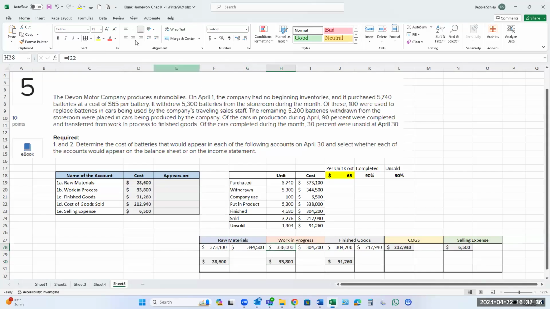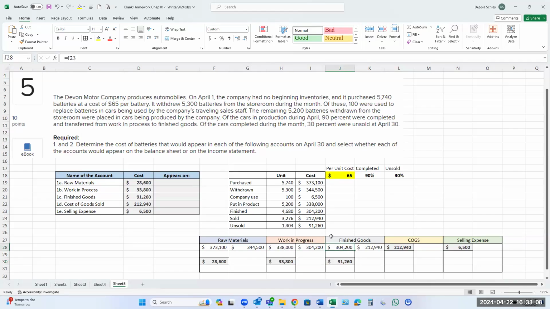Now, work in process. That is the amount put into the product. Then the things that go out of work in process are the amount for the finished product. So again, what came in, you subtract what goes out, and that gives you the balance of work in process, which is 1B, 33,800.